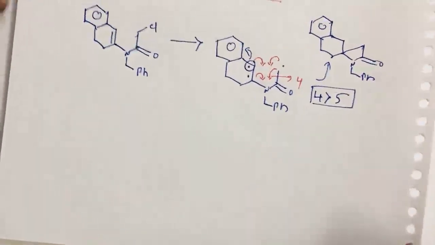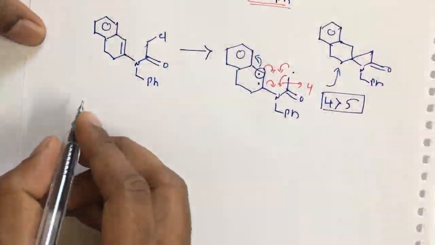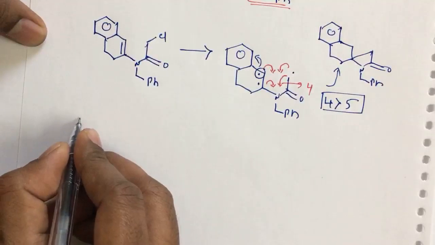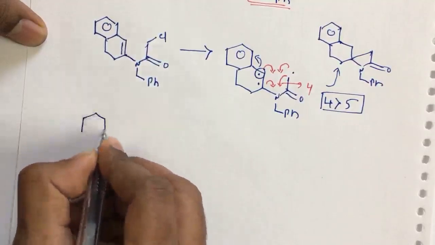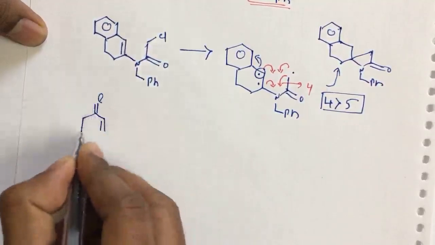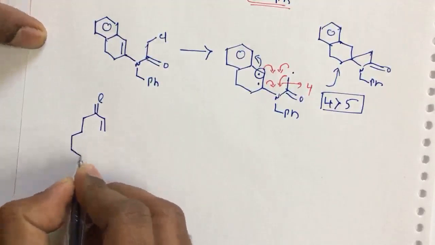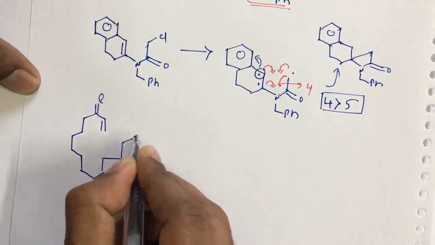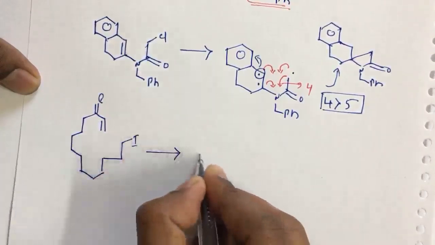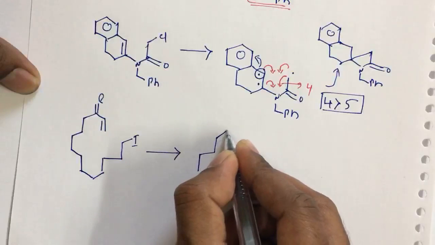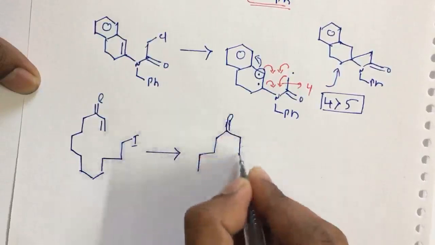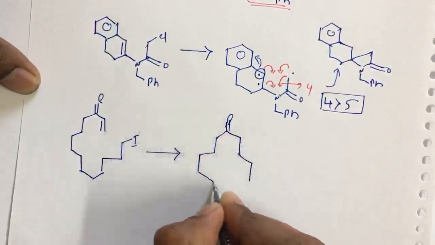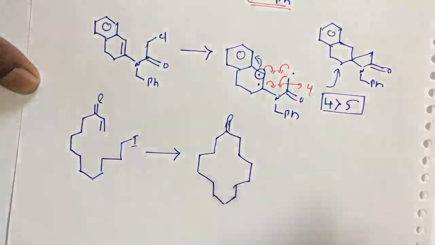And then there are some other examples. I am not going to draw the mechanism for them. I am just writing the direct product. So here you will get this product.